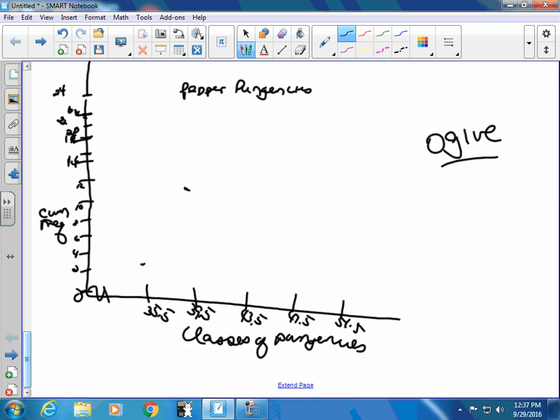Then the third one, 20. Then 23. And then finally 24. Now connect these with line segments. Sharp line segments. Try to connect them better than my board is.